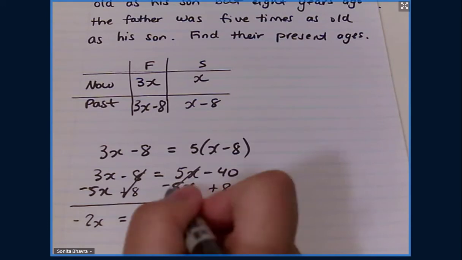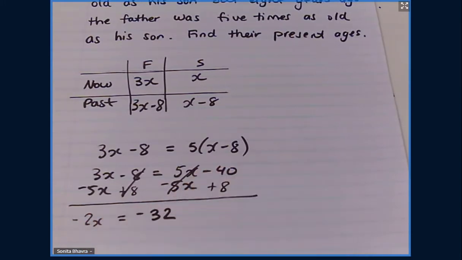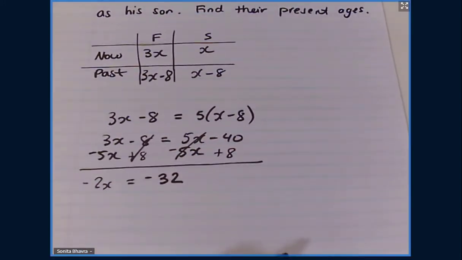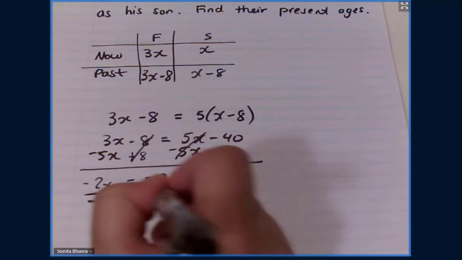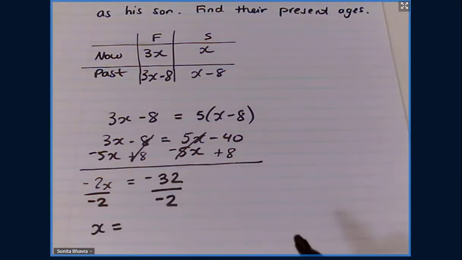So that's gone there and that's gone there. So negative 40 plus 8 gives me negative 32. Okay, and then I'm just going to divide by negative 2 on both sides. And that gives me x is equal to 16.